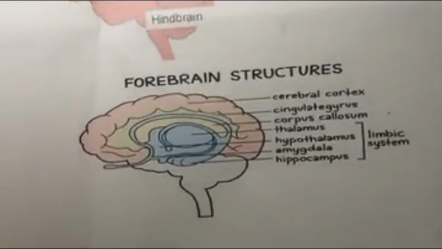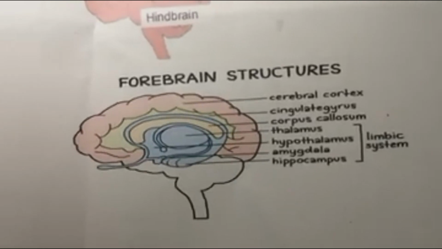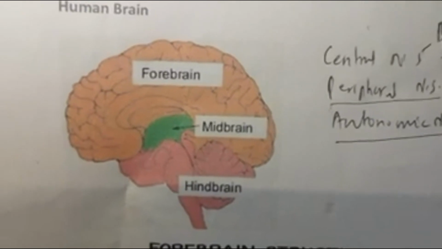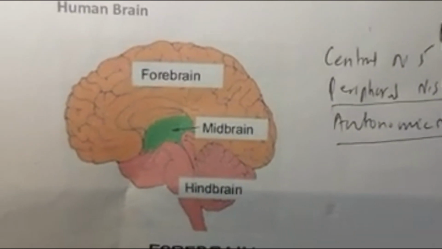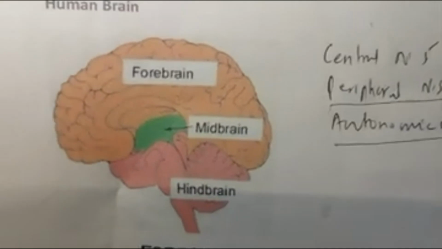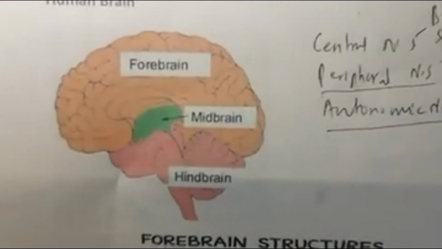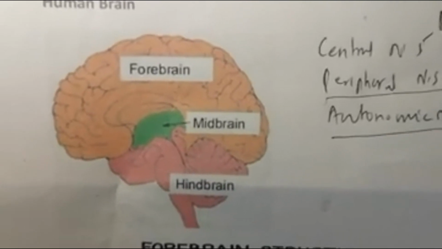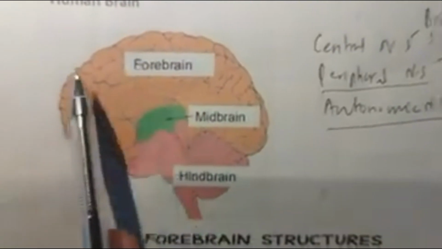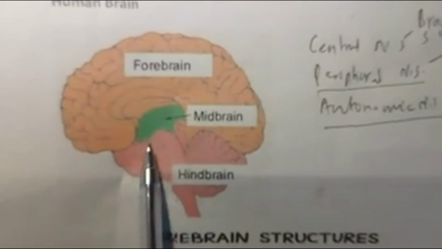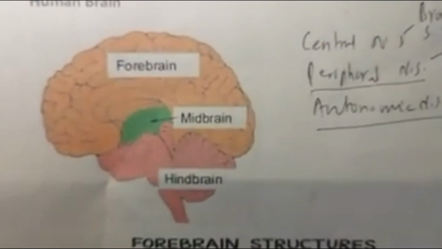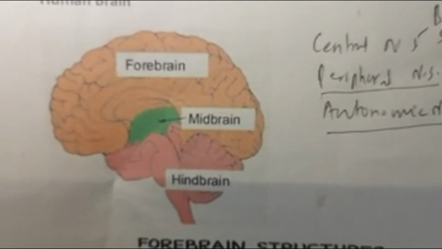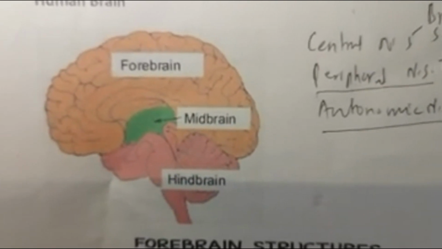To do this, the brain has 3 major parts: the forebrain, as shown in this diagram, the midbrain, and the hindbrain. Let's look into a little more detail of each. The name itself suggests their location. Fore means in the front, mid is in the middle, and hind is behind. Now these regions receive impulses from various receptors.